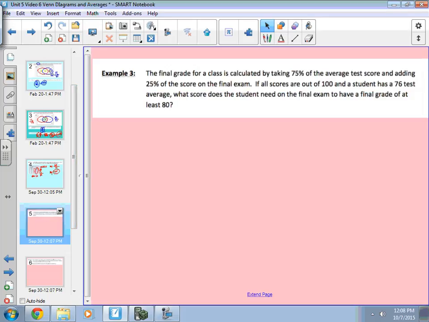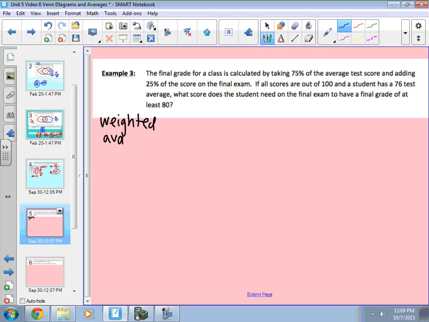All right, now these next examples are going to be average, but these are what are called weighted averages. And weighted averages are found a little bit differently because the weight means there's a percentage attached to how much each category has. Oftentimes your grades are calculated like this.